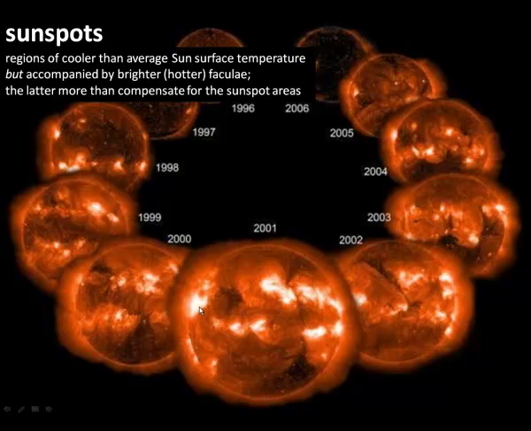But the key is that the sunspots themselves might be cooler than average, but they're accompanied by these faculae, these areas that are considerably brighter, that you see here, and thus hotter than the average. So in fact, the latter compensate for the sunspots. The sunspots are paradoxically cooler, but the more sunspots you have, the more the total solar irradiance, because the sunspots are accompanied by these faculae.